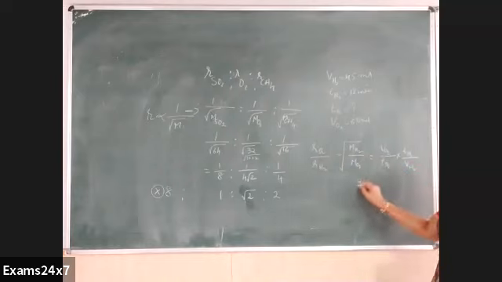Substitute: square root of 2 by 32, which is equal to 60 by T into 18 by 45. This is 1 by square root of 16, which is 1 by 4.